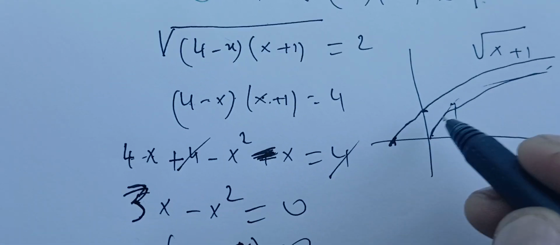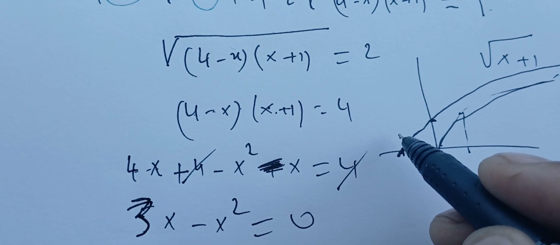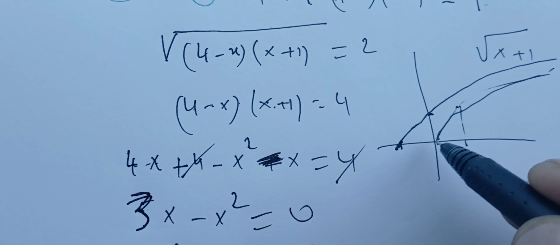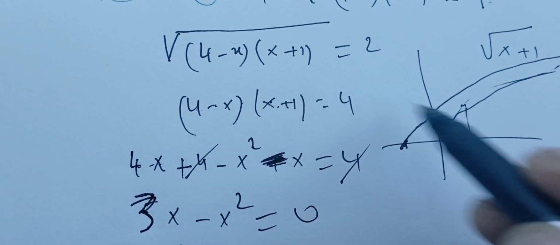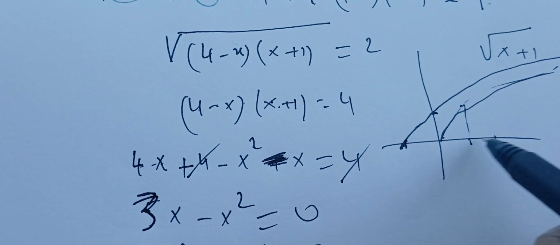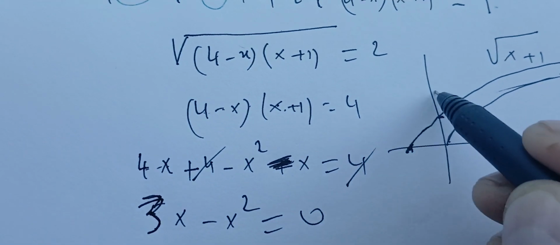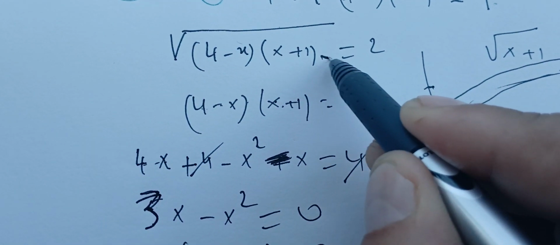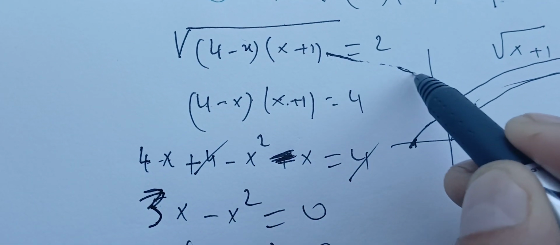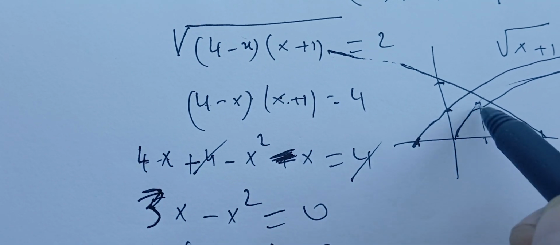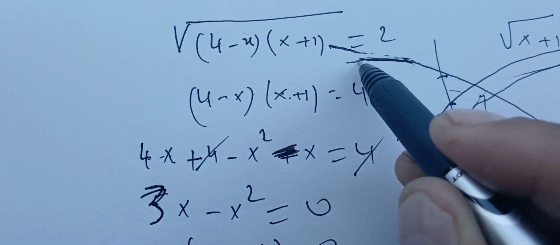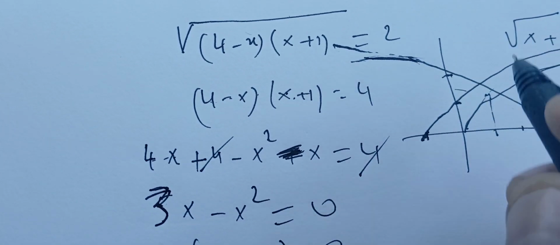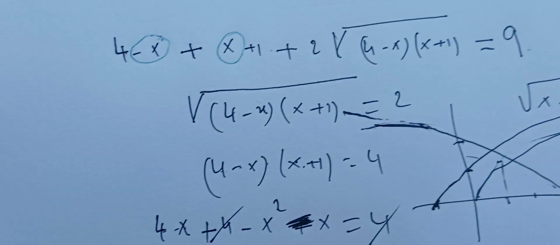Minus square root of 4 minus x is this one here. It's gonna be 1, 2, 3, 4, and this is 2. It's gonna be something like this. And you can graph them and see the solution.